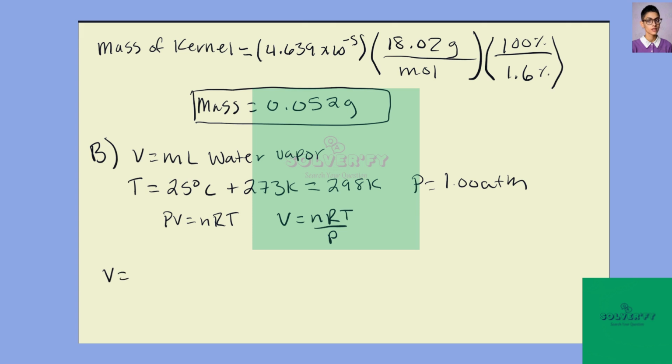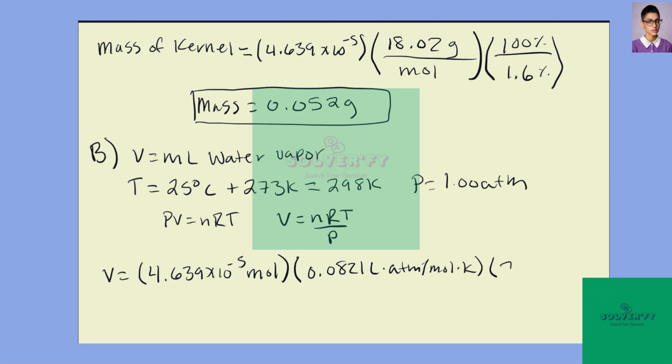So the volume of our water vapor is going to be the moles of water, so 4.639 times 10 to the negative fifth moles, times that by our R value, which is 0.0821 liters atmosphere per mole Kelvin. We're going to times that by our temperature, which is 298 Kelvin. And we're going to divide all of this by 1 atmosphere.